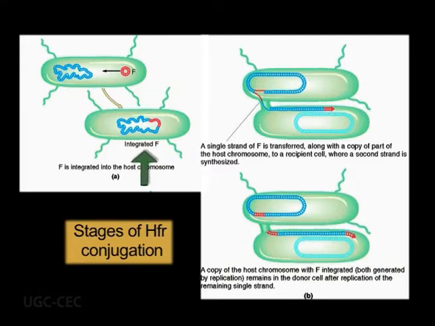So this particular HFR strain formation, you can very well understand, is the transfer of the F plus genome and then entry or the application of this nick in the parent genome of the recipient, and then infusion of the particular recombinant DNA into the nucleoid.